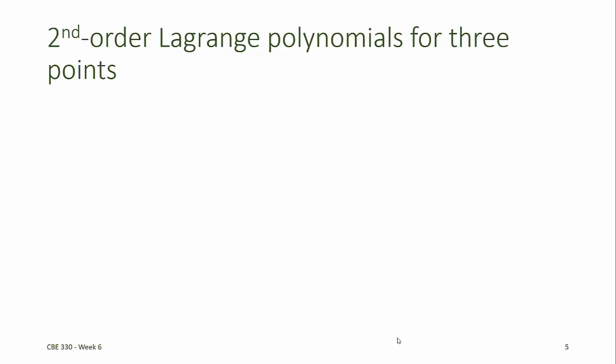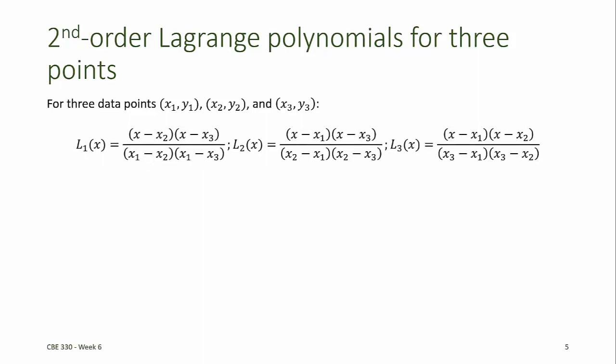A second order Lagrange polynomial has to match 3 data points. So for the 3 data points x1, y1, x2, y2, x3, y3, we use the same formulas to formulate L1, L2, and L3. Now, each of those L1, L2, and L3 polynomials contains 2 terms.